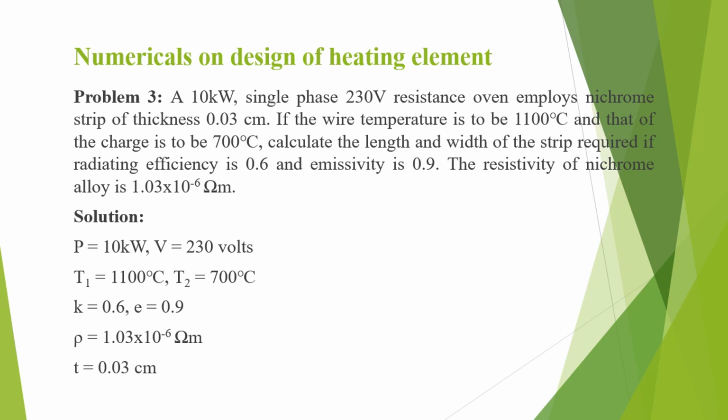So the given data: electrical input P is 10 kilowatt, supply voltage V is 230 volts, T1 1100 degrees Celsius, T2 700 degrees Celsius, K 0.6, E 0.9, rho 1.03 into 10 to the power minus 6 ohm meter, and thickness T is 0.03 centimeter. Since the length and width of the strip are to be calculated, we know that the heating element is of rectangular shape.